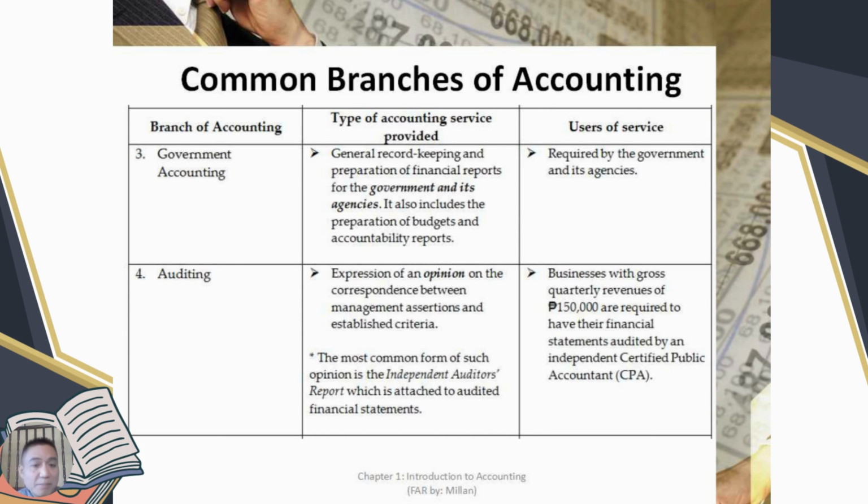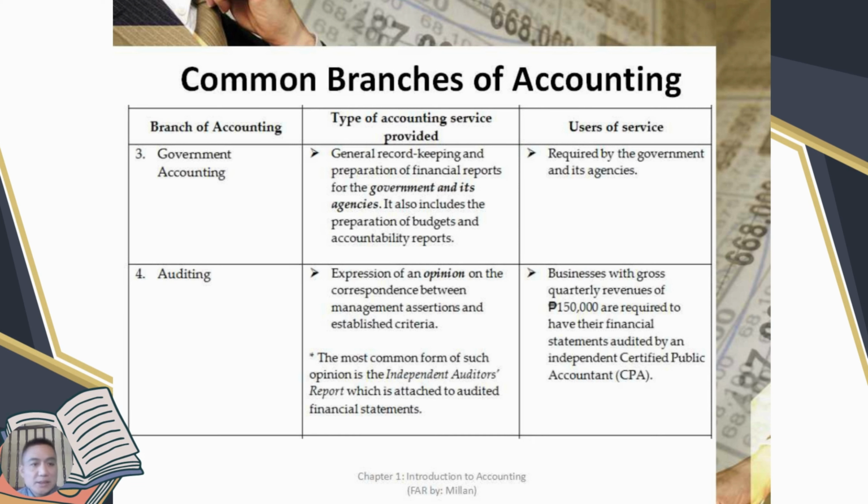The most common form of such opinion is the independent auditor's report, which is attached to audited financial statements. Businesses with gross quarterly revenues of 150,000 are required to have their financial statements audited by an independent certified public accountant. So what do you mean by independent?